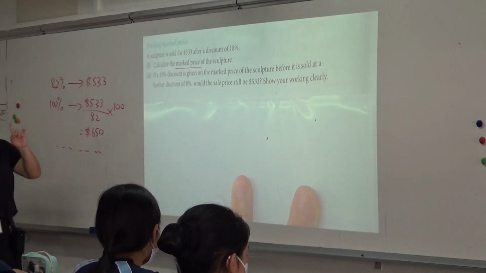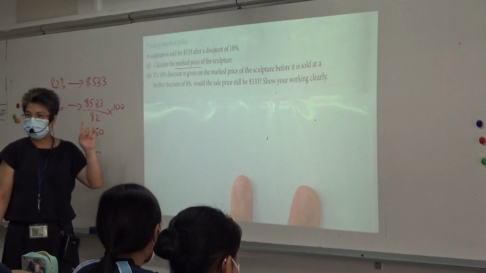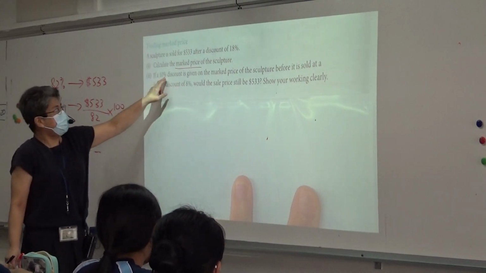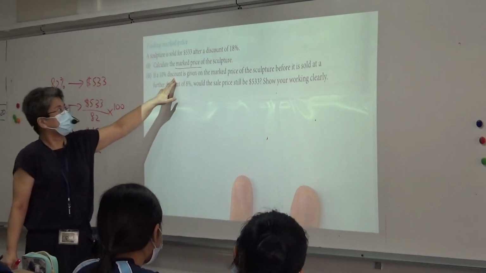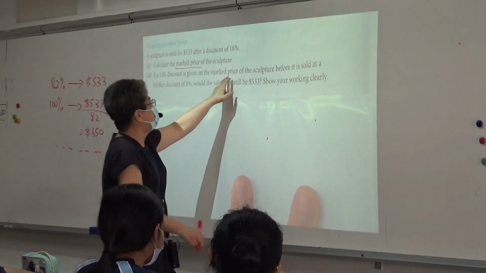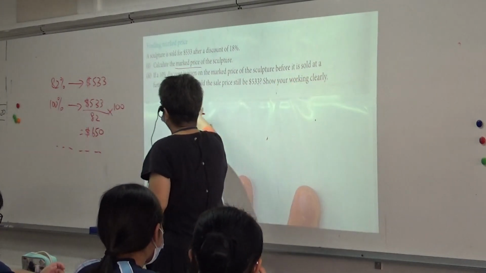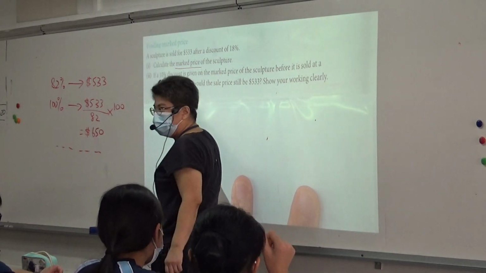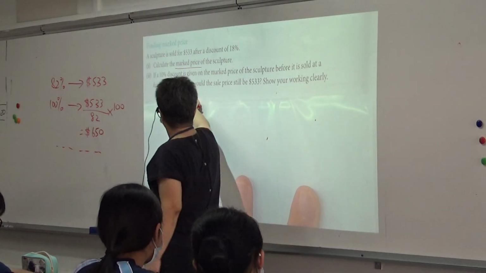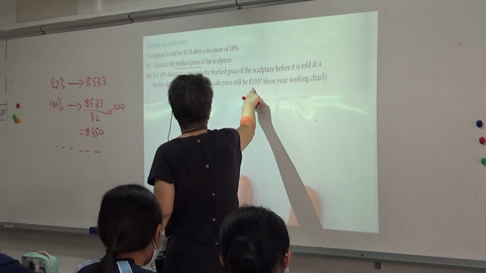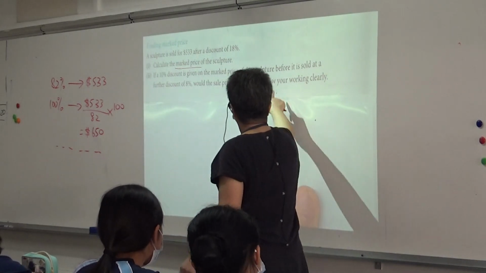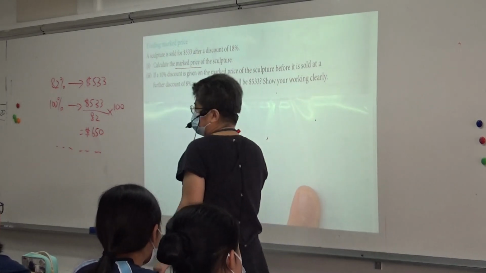This one is a bit difficult. If a 10% discount is given on the mark price of the structure before it is sold at a further discount of 8%, would the sale price be 533? Show your working clearly.